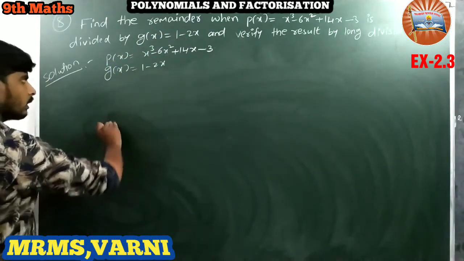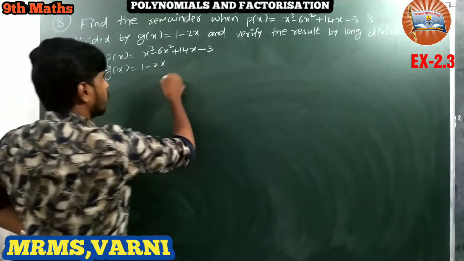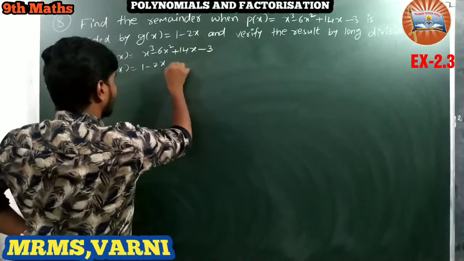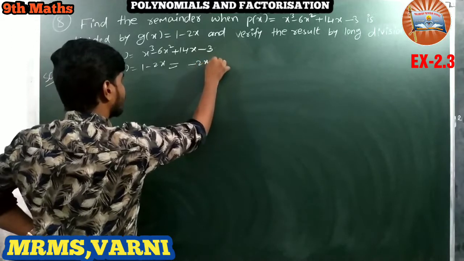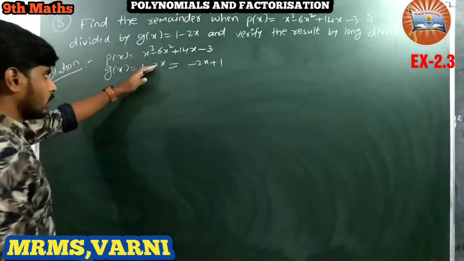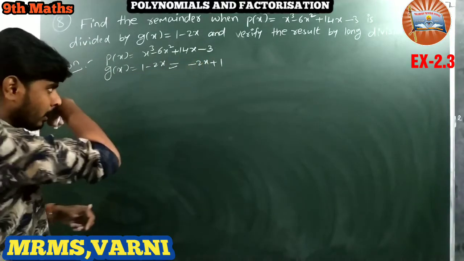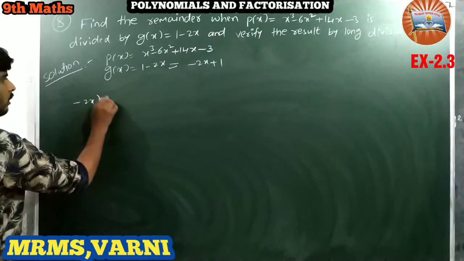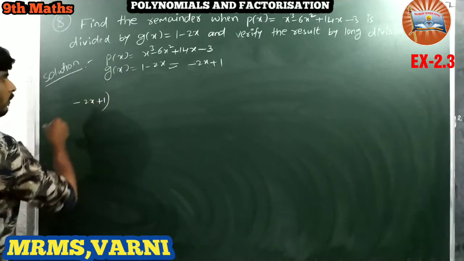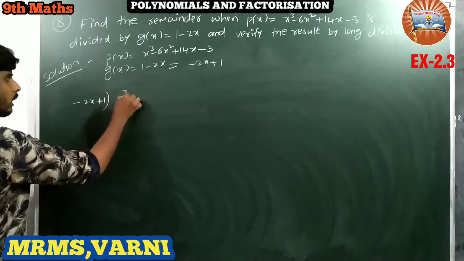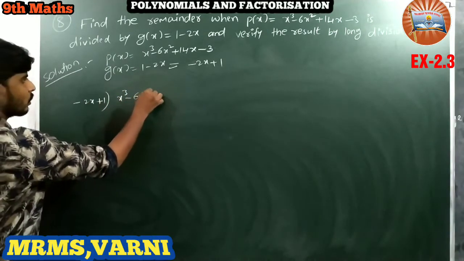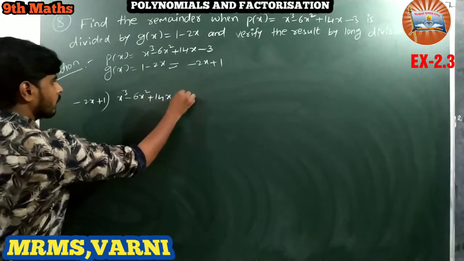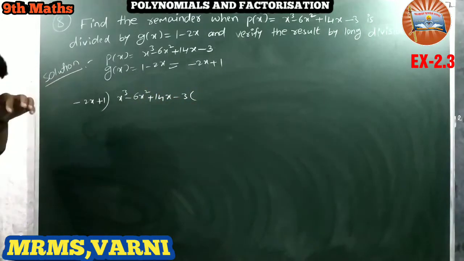So we have to write the polynomials in order first. This is in order only. You can write minus 2x plus 1: first the x term, then the constant term. Take the divisor here, minus 2x plus 1, and take the cubic polynomial x cube minus 6x square plus 14x minus 3.